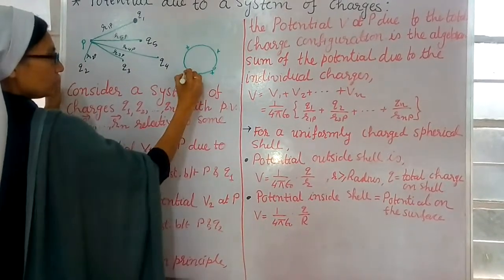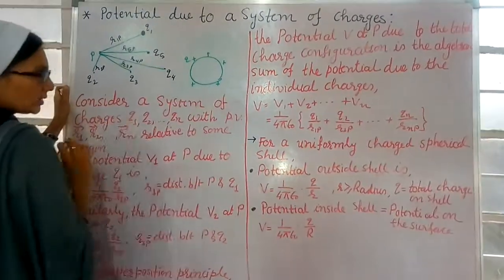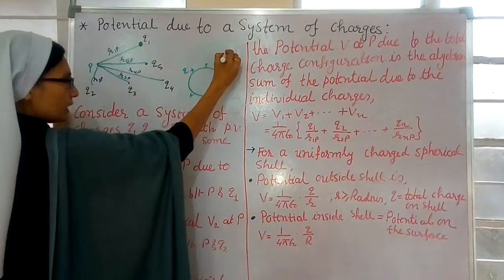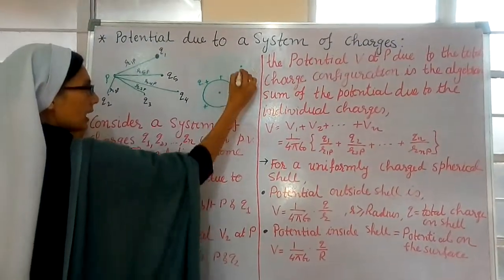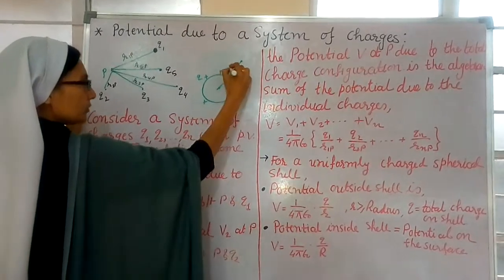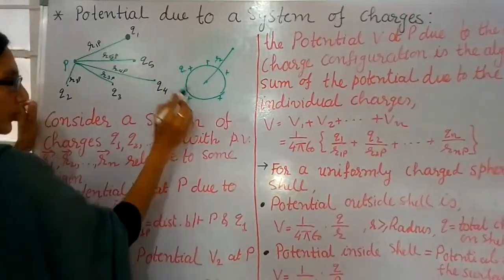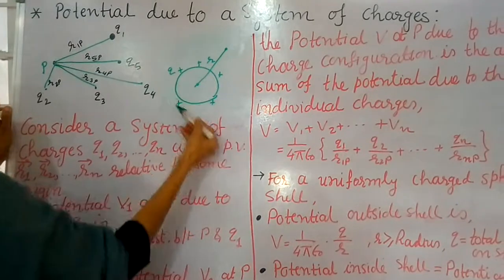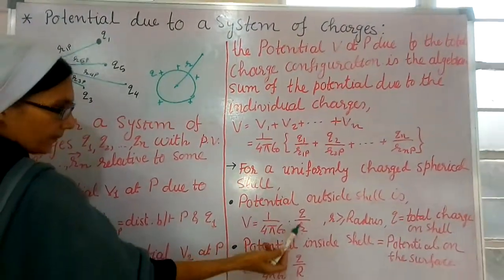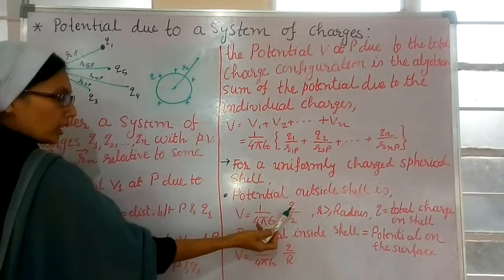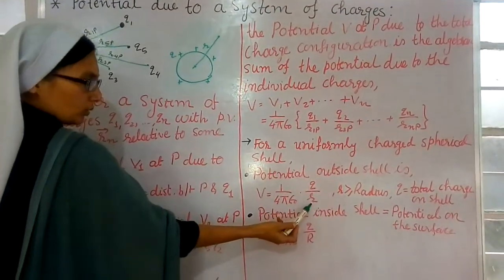What will be the potential outside? Suppose this is my center and the distance of this point from here is R. Then the potential outside is 1 by 4 pi epsilon naught Q by R, where Q is the charge on the shell and R is greater than or equal to the radius.